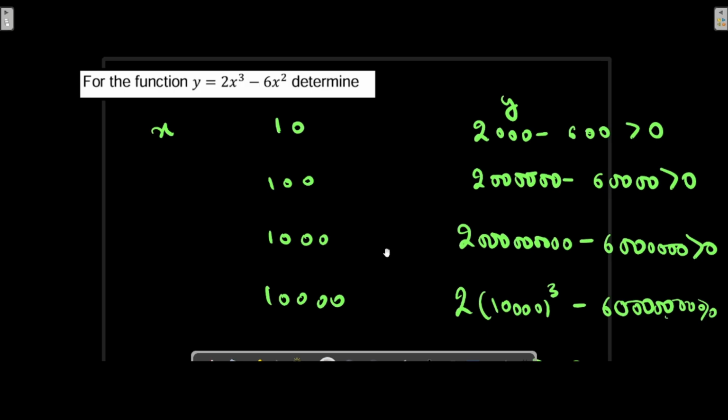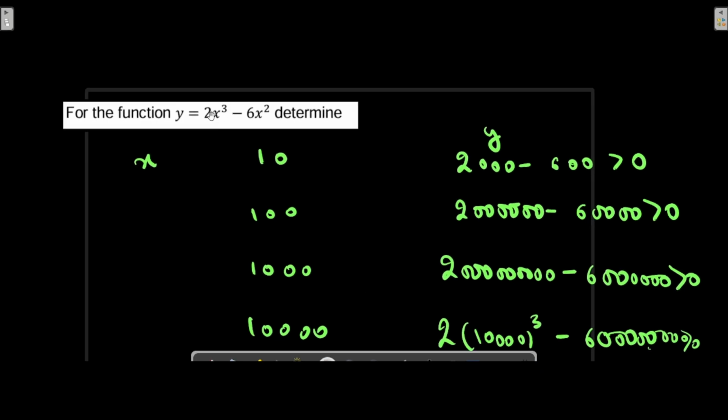As well as you can think in this manner: you are having 2x cube and you are having negative 6x square. The rate at which 2x cube goes towards positive infinity, it blows up much faster than this one going on the negative side.